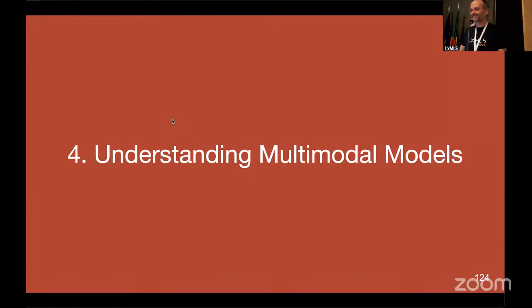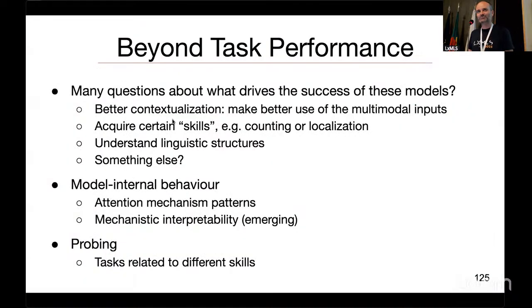No, we can wait. So this fourth part of the lecture is about understanding multimodal models, which I think is really important, and it's going to become more important in the coming years, especially with multimodal models being deployed and more widely used in society. There are many questions we should be asking about going beyond task performance when making claims about our models.